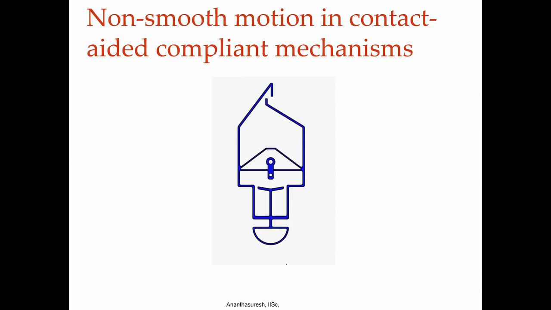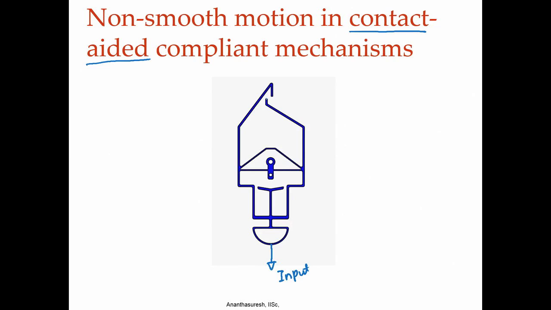Now, let us go to another kind of nonlinearity, which is found in what we call contact aided compliant mechanisms. In this particular one, the input force is simply here, a smooth input, that is you attach it to a linear actuator and keep pulling at a constant rate in the same direction.